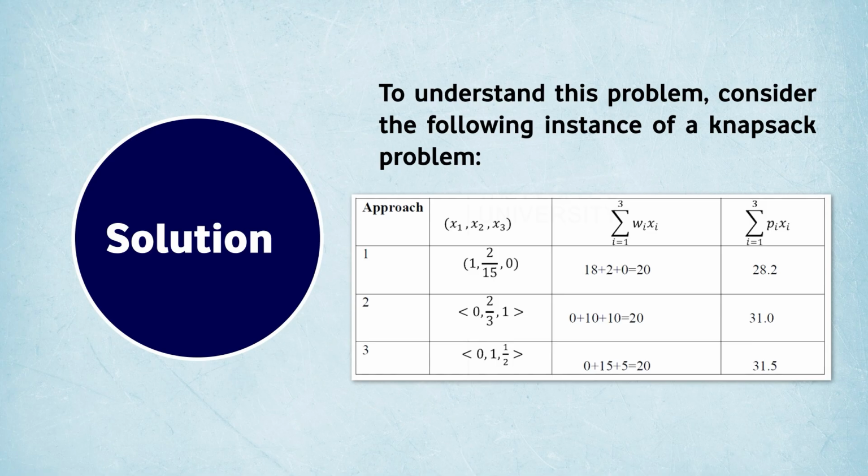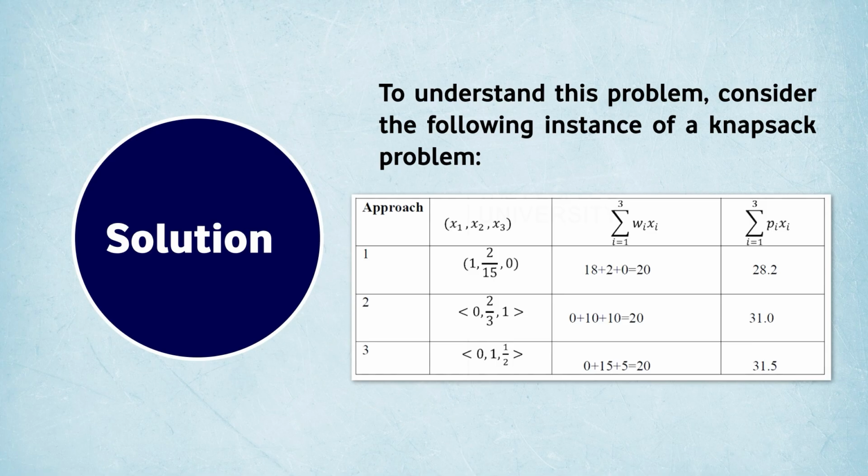So x1, x2, x3 are the 3 objects. Check which object has the maximum profit: object 1 has the maximum profit of 25, then 24 for object 2 and 15 for object 3. So the maximum profit is 25.